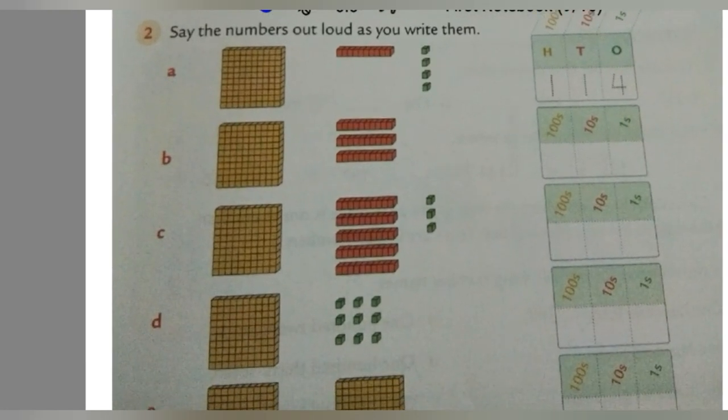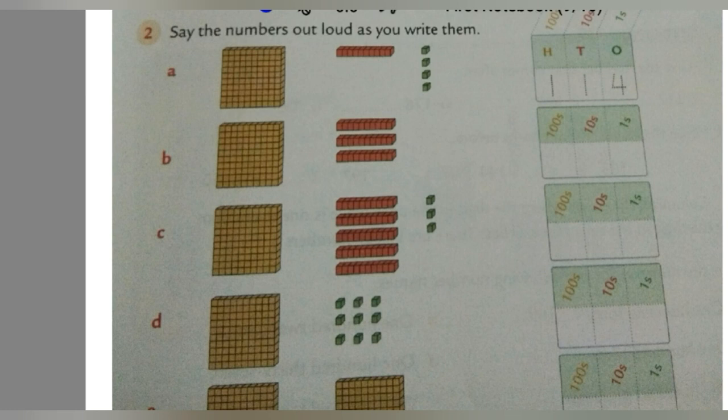Say the numbers out loud as you write them. Scholars, I request all of you, whenever you are writing, read out loudly while writing, so that if you make any mistake in between, you will come to know. Now let's start. The box which you can see in yellow color denotes 100. The box in red color denotes 10.